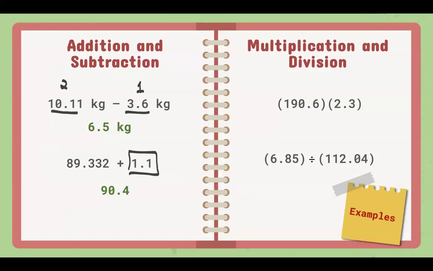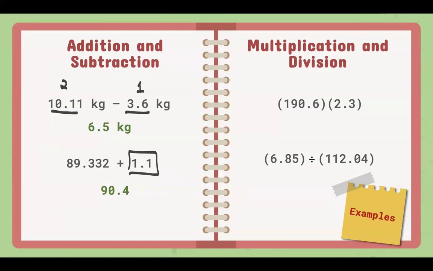Now, if we are multiplying and dividing, we have to follow the fewest significant figures. If you put 190.6 multiplied by 2.3 on your calculator, you will get 438.38. But we have to follow the least or the fewest significant figures in our given.